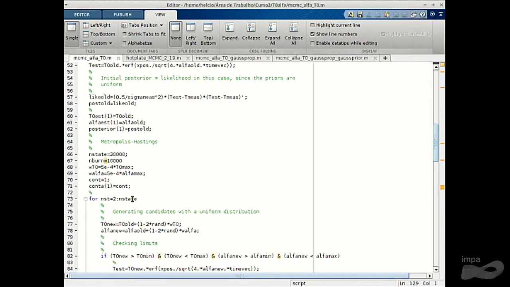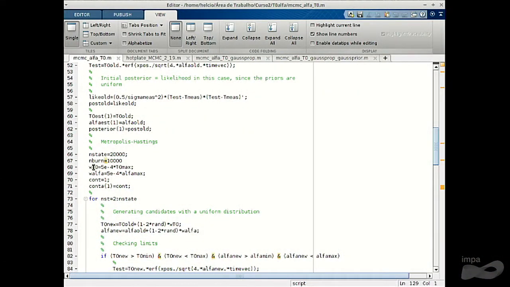And then I start the Metropolis-Hastings algorithm, which I'm going to run for 20,000 states. And I'm using a burn-in period of 10,000 states. So I'm going to neglect the first 10,000 states. Okay? And these are the maximum size of the variation that we are going to have in the proposal density.